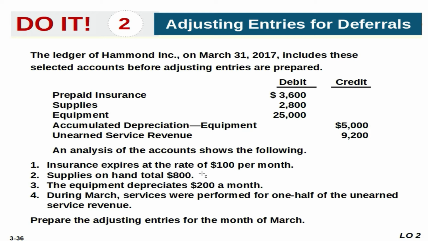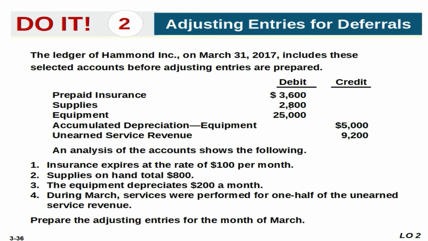It's like food on hand. Let's say you go to your cupboard and you have 4 slices of bread. Then what you have on hand is 4 slices of bread. That's what you have left over. That is not what you used. Maybe you started out with 12 slices of bread. If you have 4 on hand, then you used 8 slices of bread. In this case, we started out with 2,800.